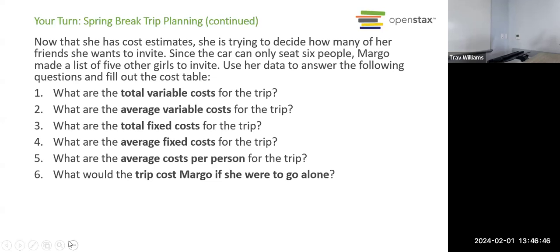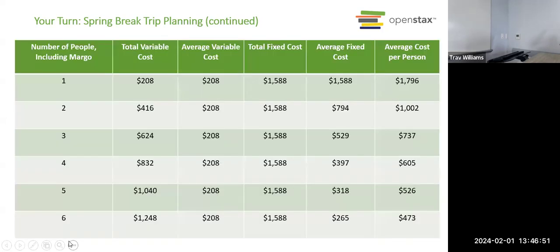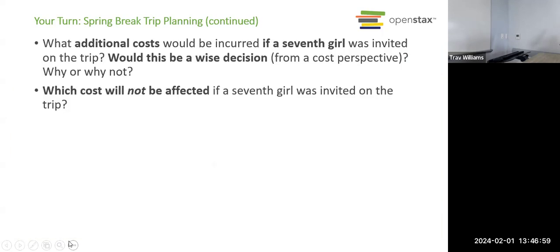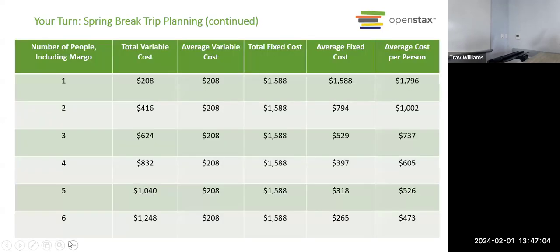So let's answer it based on 6 people. Total variable cost then would be this, right? $208 per person times 6 people. And then average variable costs, well, that's the same, right? Regardless of how many people. So we know the variable cost per person is $208.